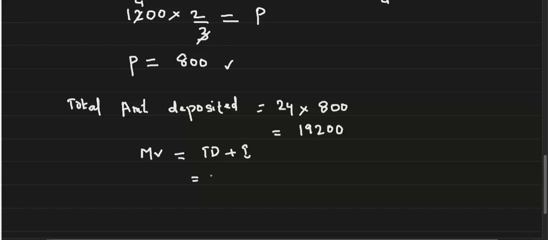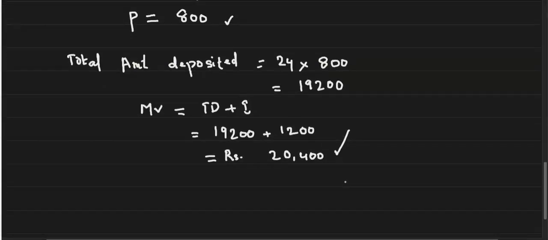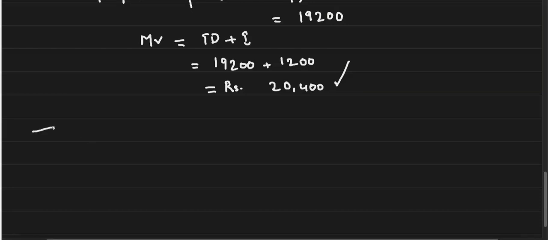So that will be 19,200 plus interest, which is 1,200. That becomes 20,400. This is the maturity value. I hope this is clear. Perfect. Now, let's do one more problem.